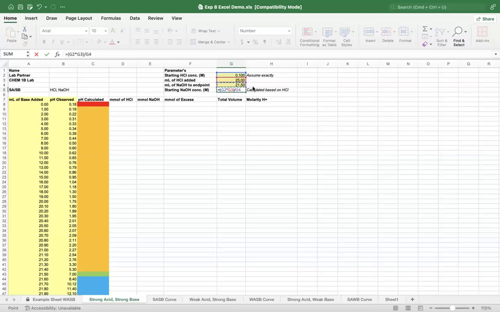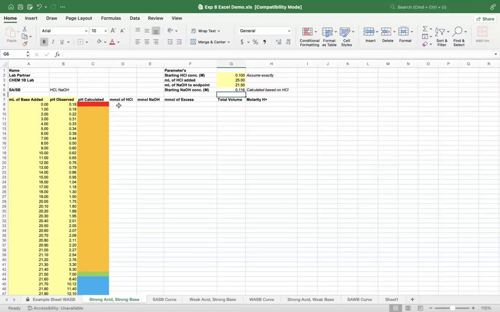So I'm going to hit enter. You can see for mine that my base is a little more concentrated than my acid. That makes sense. That's why it took less base to neutralize that acid. If they were both exactly 0.1, it would have taken equal volumes. So we have that base concentration.